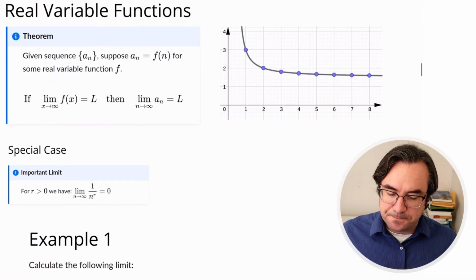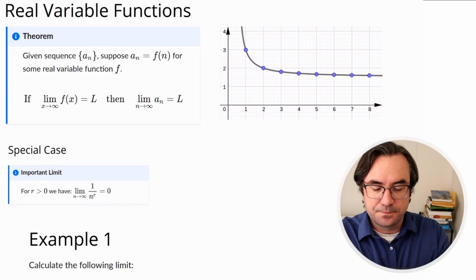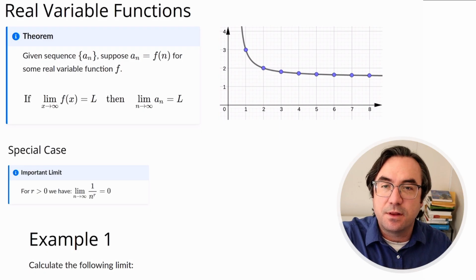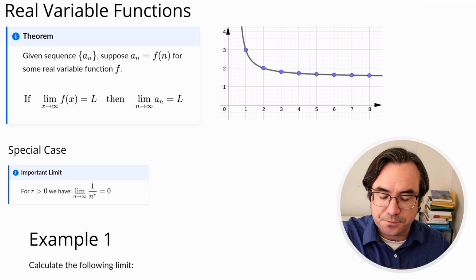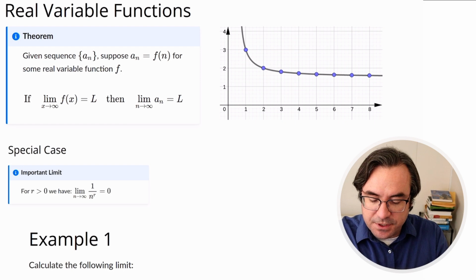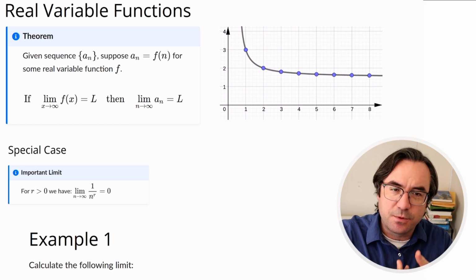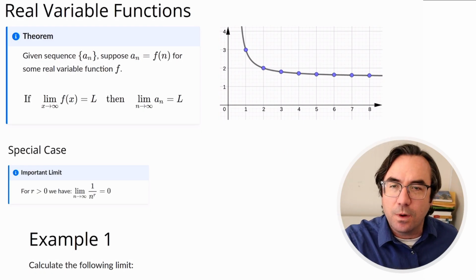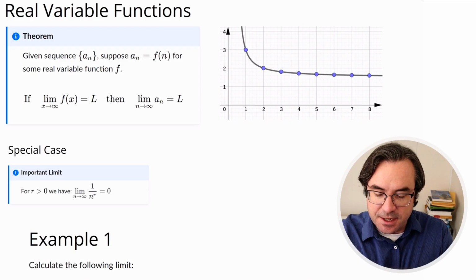All right, so how are we actually going to use those limit laws in practice? One of our main results that really allows us to use all of our old tricks and techniques from Calc 1 is this theorem.